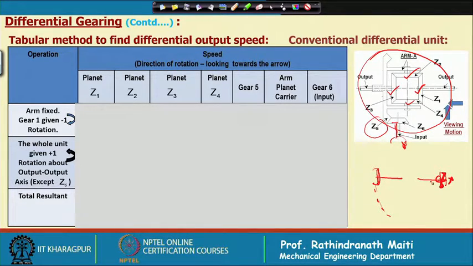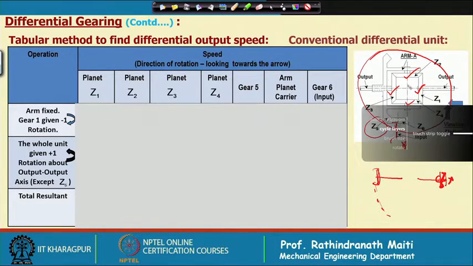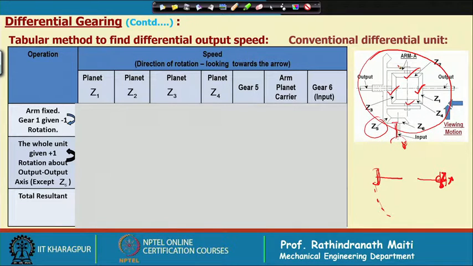So, as there is less torque, this will start rotating, keeping this one almost fixed, and with the help of this one, it is rotating in the opposite direction. Sorry, it is rotating at a faster speed.